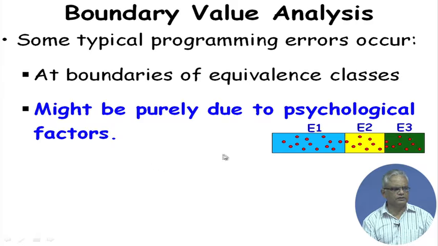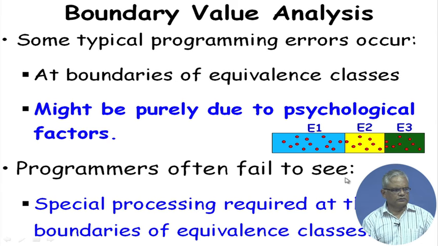So, between the boundaries of equivalence classes, the programmer might commit errors, because the programmer typically writes programs to distinguish between different equivalence classes by if statements or switch statements, and there in the logical expression, there is a likely error: less than or equal to, greater than or equal to, there is a likely confusion, and therefore, we have to pick numbers at the boundary of the equivalence classes.